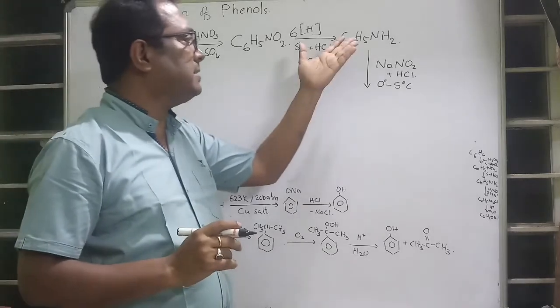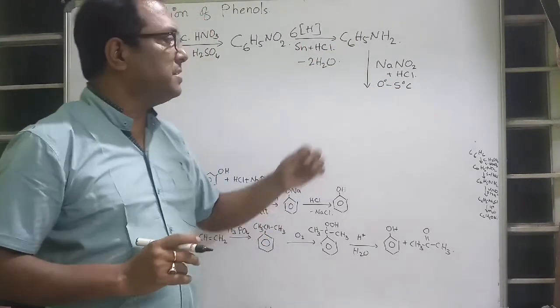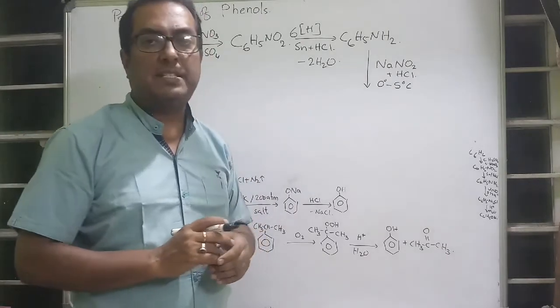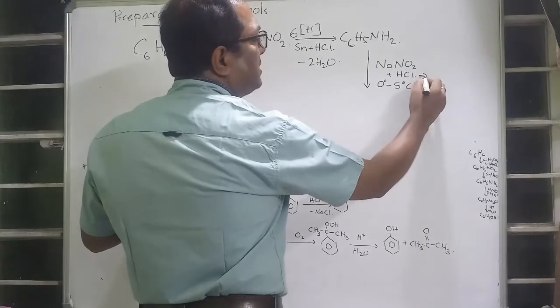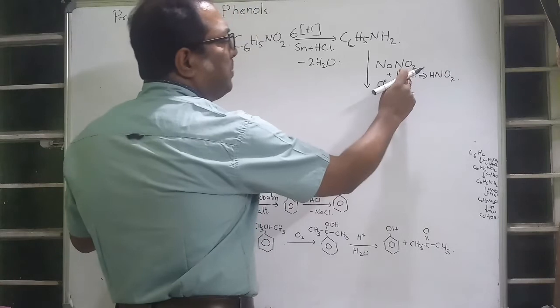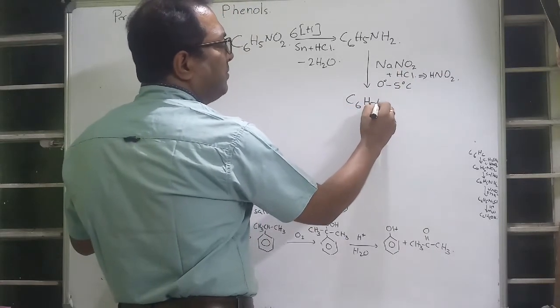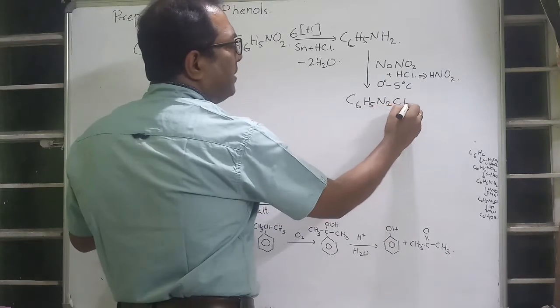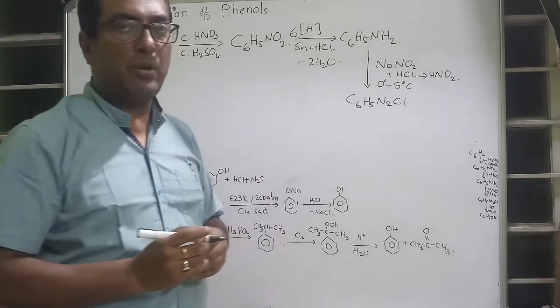When you take this aniline at 0 to 5 degrees centigrade together with NaNO2 and HCl, it produces HNO2. This HNO2 plus HCl helps in making C6H5N2Cl. So this is what we call benzene diazonium chloride.